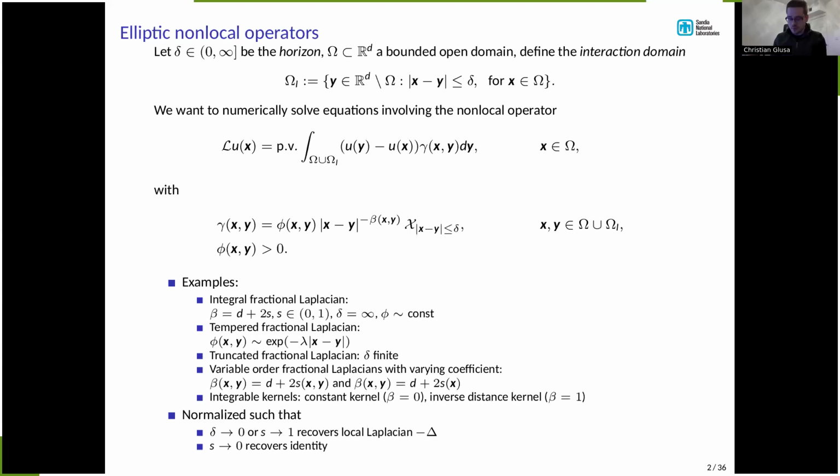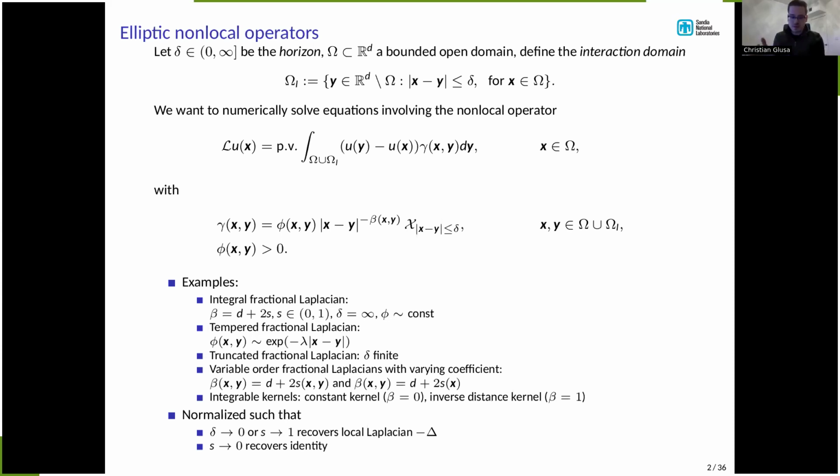So we want to solve a non-local or an integral type of equation on a bounded domain. Our domain will be omega. We will have a kernel function gamma, which encodes these interactions over a distance.